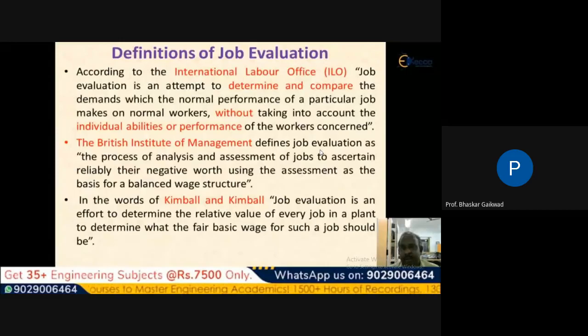Say a person who works near a boiler for a period of time is going to be paid more compared to a person who works on a lathe doing a particular job. I am going to compare the relative value of the work being done, and pay the salary. So that is the idea of the definition under Kimball and Kimball.